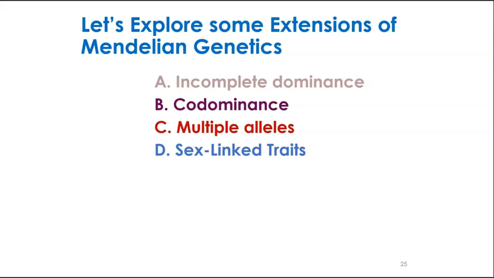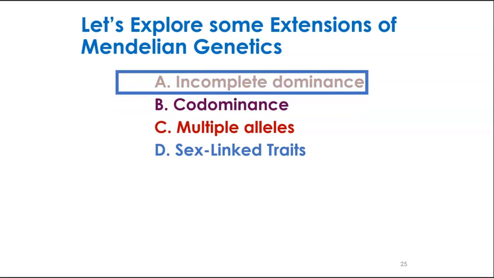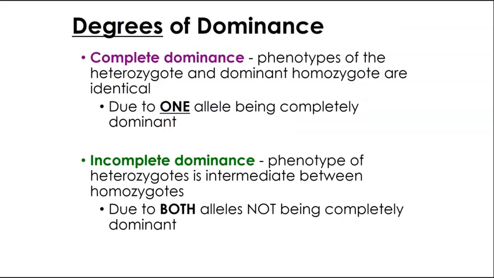So now we'll explore some extensions of Mendelian genetics. We have incomplete dominance. Incomplete dominance is when the phenotype of heterozygotes is an intermediate between the homozygotes, due to both alleles not being completely dominant.